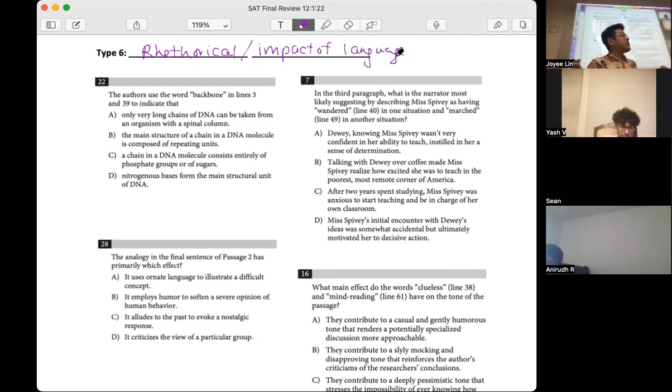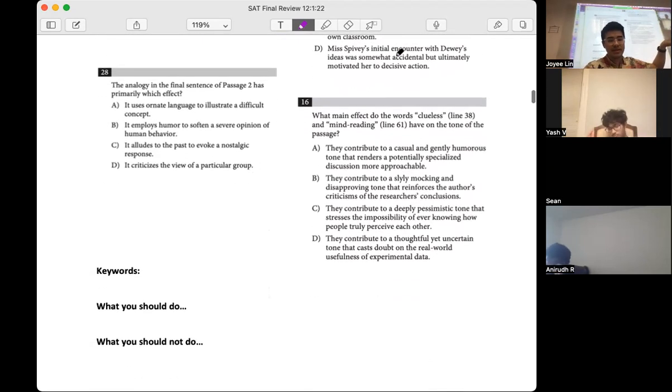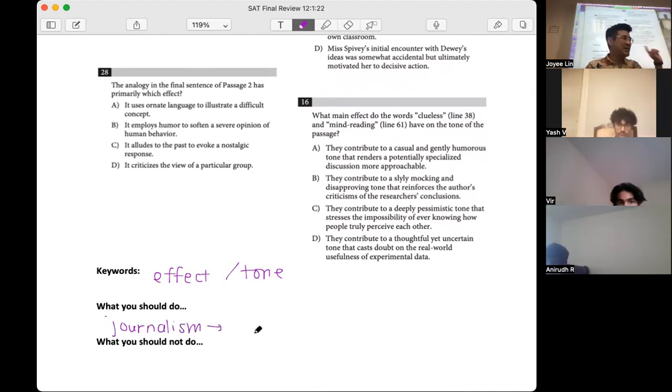So what do you got to remember generally about all these people who are not historical people? So all the other passages, the science passages, the social science passages, they're journalists. What kind of tone are they using? Informative, that's true. Conversational. Conversational, that's the best word, right? Conversational tone.